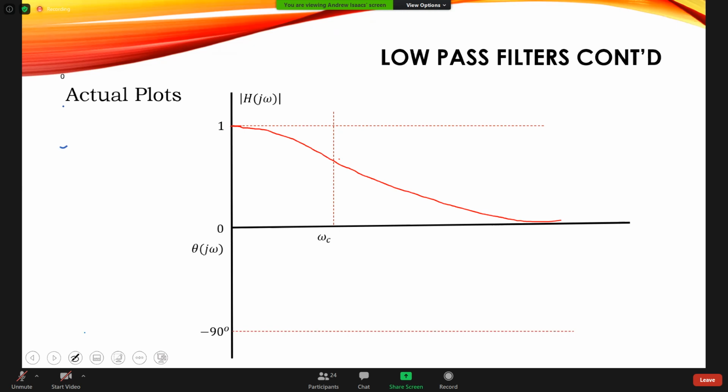And then there's a gradual increase going up to the 90. That's not drawn all that well, but you get the idea. And there's no kick at the end.